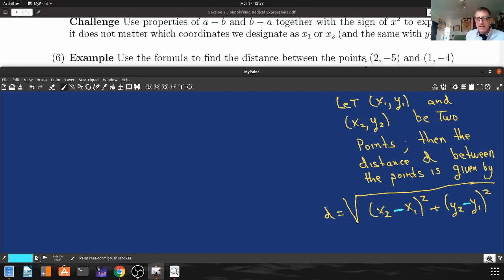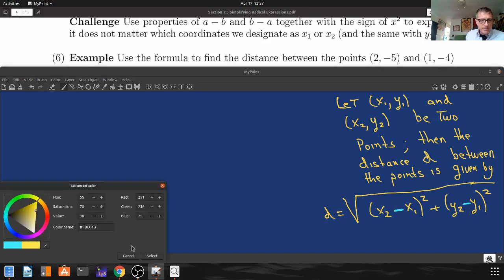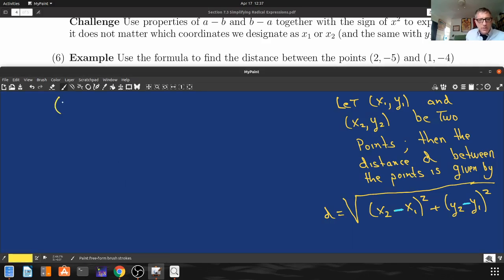And we're going to see that right now when we find the distance between the points 2 and minus 5 and 1 and minus 4. So here you get a choice. You can label the first one x1, y1, and the second one x2, y2. Or you could have labeled the first one x2, y2, and the second one x1, y1. It doesn't matter. It'll never make a difference.